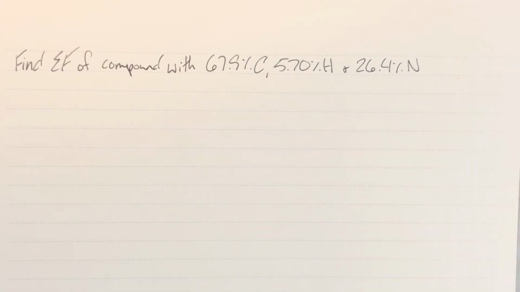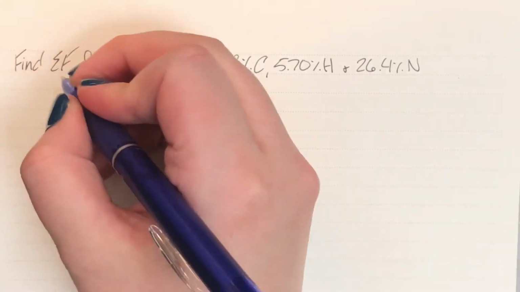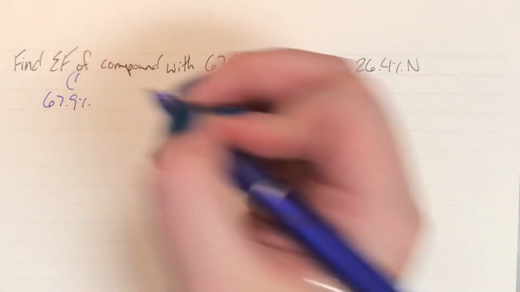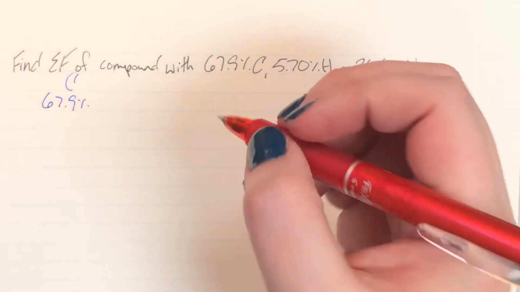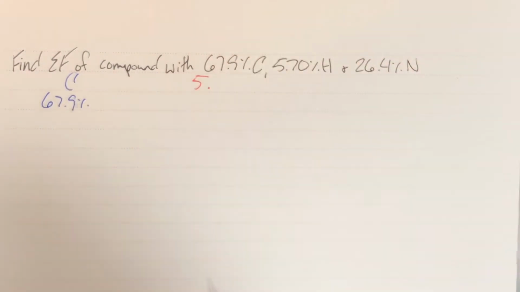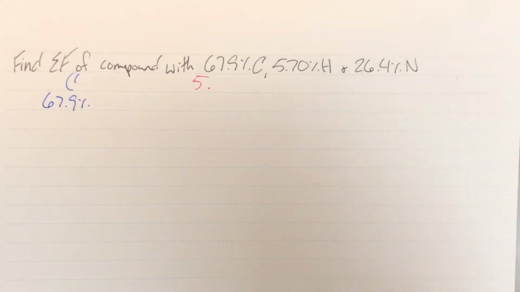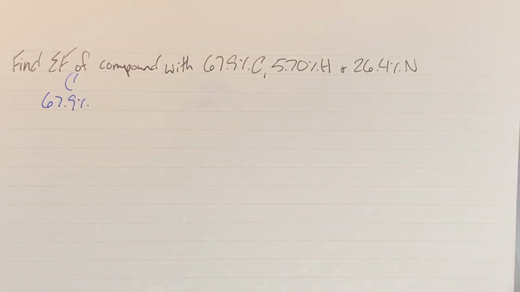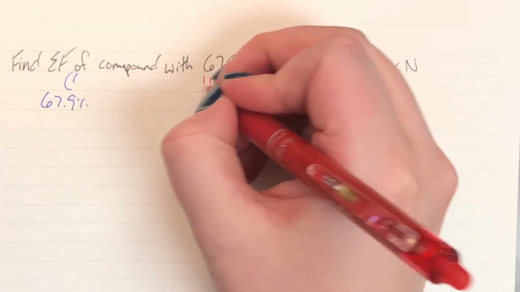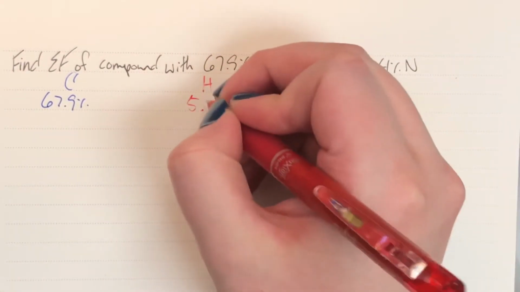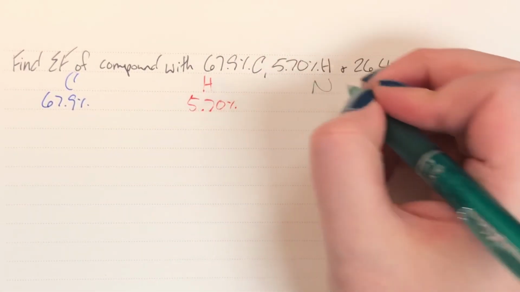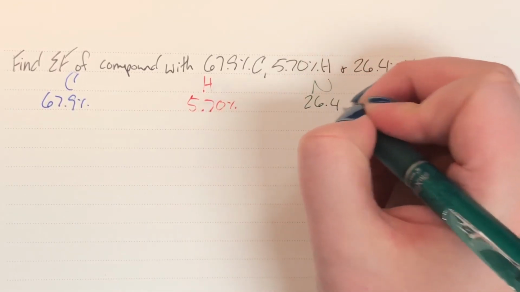Continuing on, we are going to do the empirical formula for a compound that contains 67.9% carbon, 5.70% hydrogen, and then with nitrogen, we're going to do 26.4%.